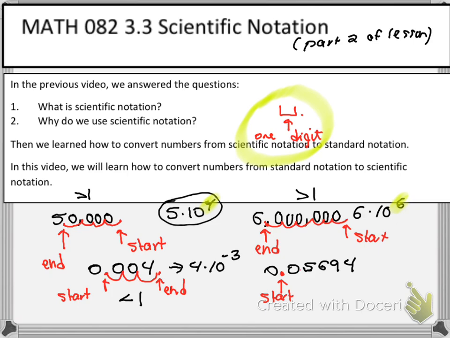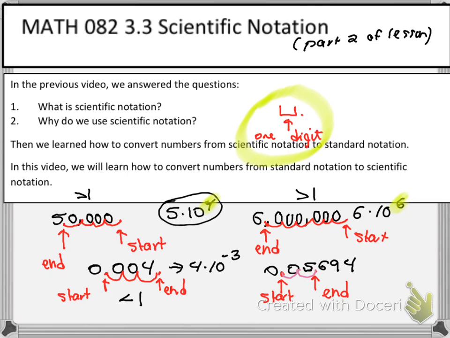If you said that the decimal point should go in front of the 5, then you are absolutely correct. So our decimal point is starting here, and it needs to end in between the 5 and the 6. So let's count. We have 1, 2.